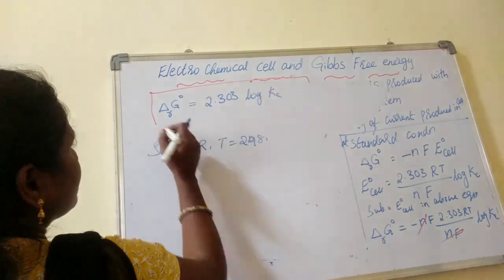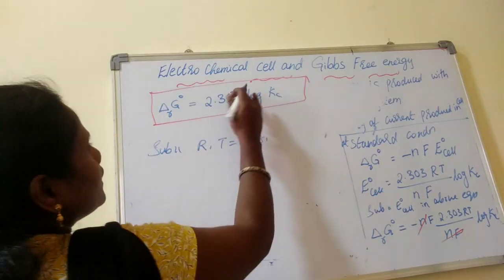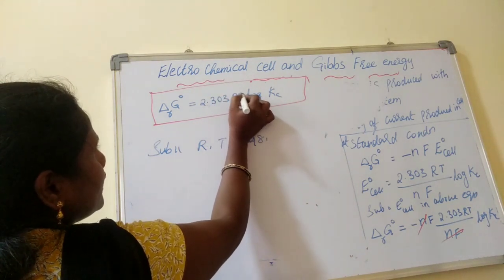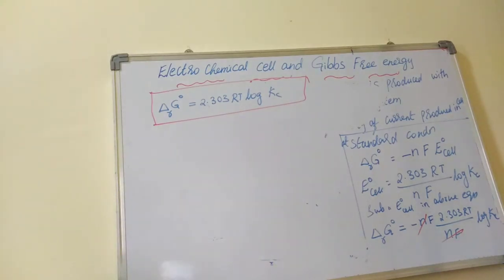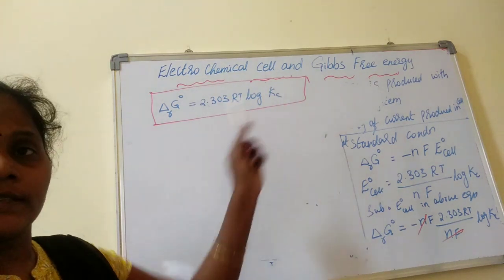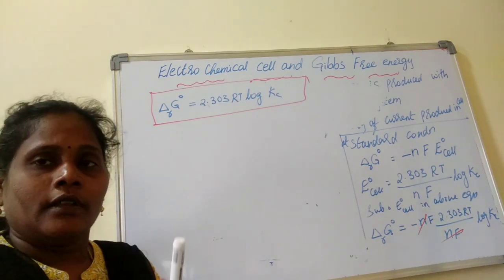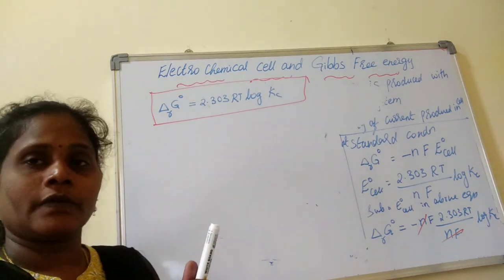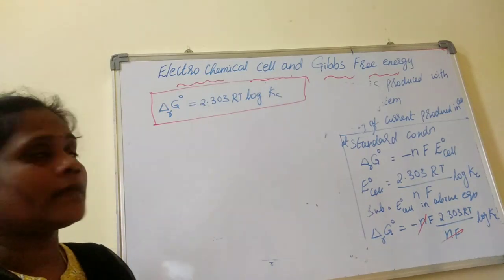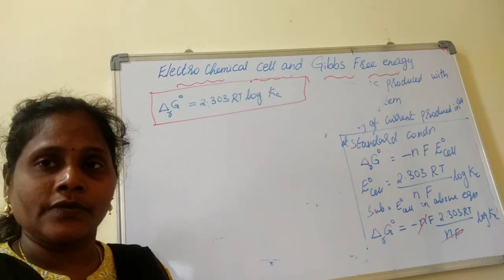A short equation you got, because n and F have got cancelled. So no need to substitute your Faradays and all. Okay, we end up with this equation, 2.303 RT log Kc. That's it. Right? So we have completed the Nernst equation. From that Nernst equation, the relation between the Nernst equation and equilibrium constant, and the Nernst equation, that is the electrochemical cell and Gibbs free energy, 3 derivations we have completed.